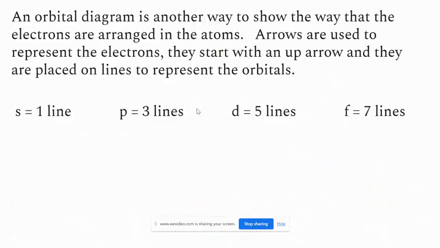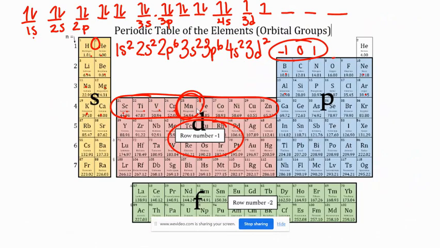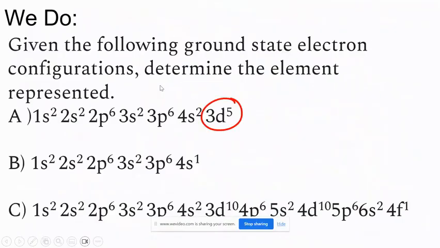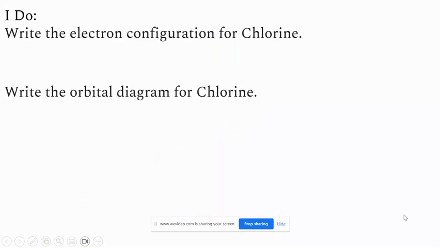This is 4s1. So what is it? If I'm in the S block, am I in the period that I'm told that I'm in? Yes. So 4s1 is potassium. And then this one is 4f1.